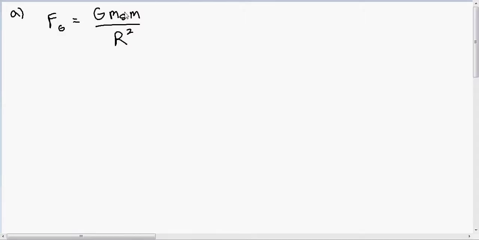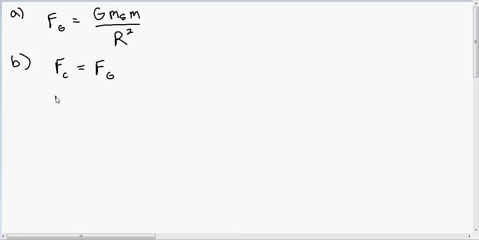Okay, and then problem B asks to use your expression from part A and the assumption of circular orbits to derive an equation for orbital period T as a function of orbital radius r. So that means, because it's in a circular orbit, you can set F centripetal equal to Fg.